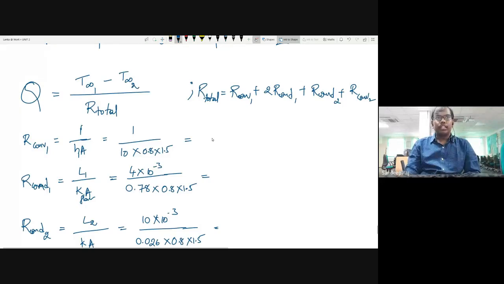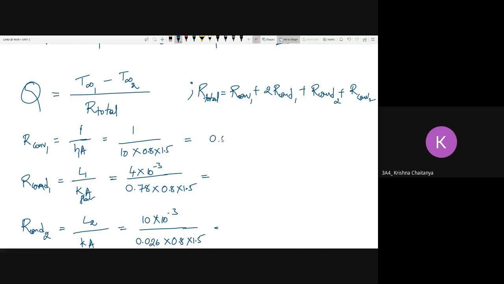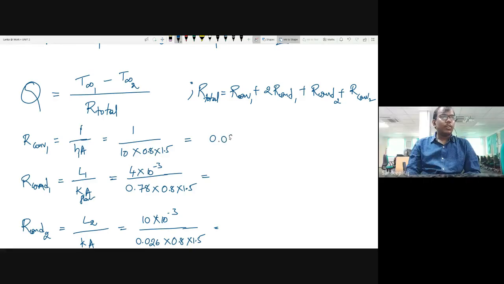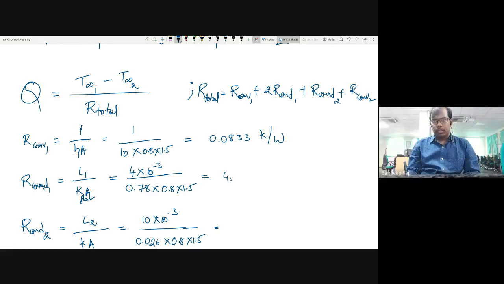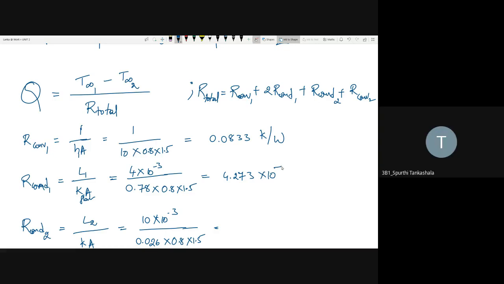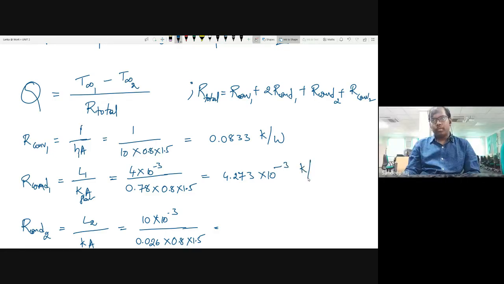Somebody tell me these values. R convection 1 is 0.0833 Kelvin per watt. R conduction 1 is 4.273 into 10 to the power of minus 3 Kelvin per watt.